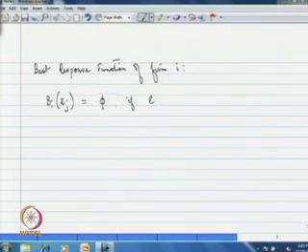If E j is less than half, right. So, this is one case. If E j is equal to half, then what happens?